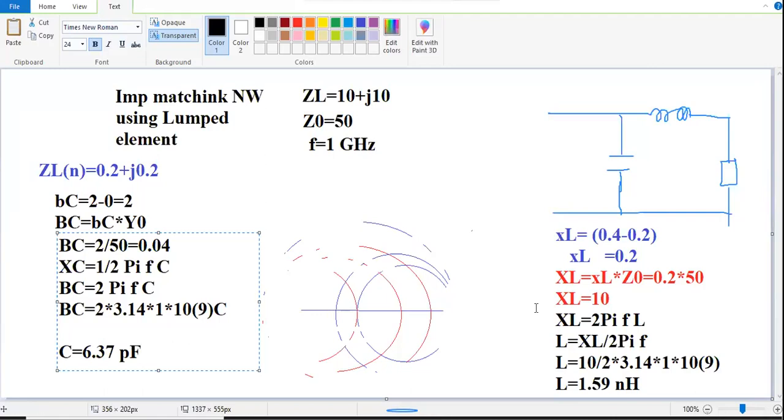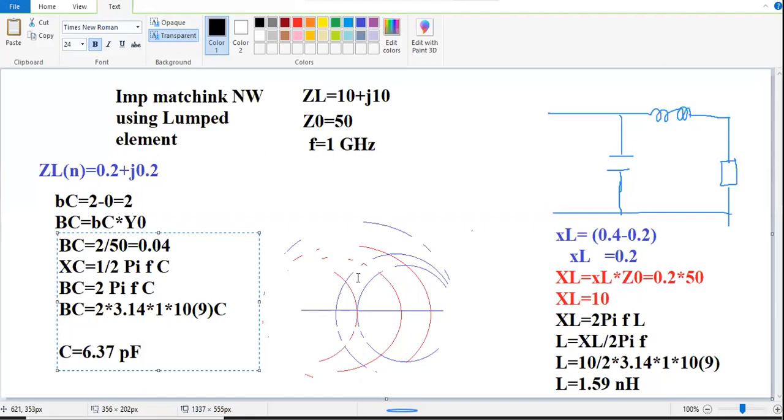So this is the answer we got. We got the value of C, we got the value of L. So both the values we got. This is the complete problem, the complete solution.